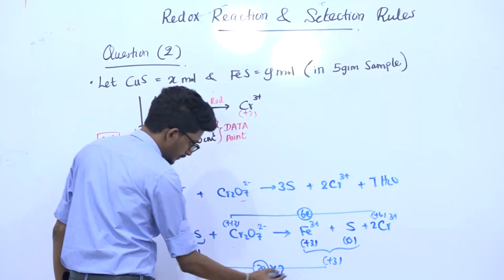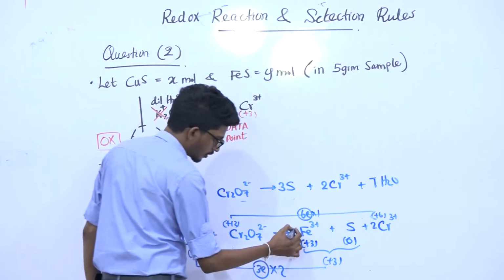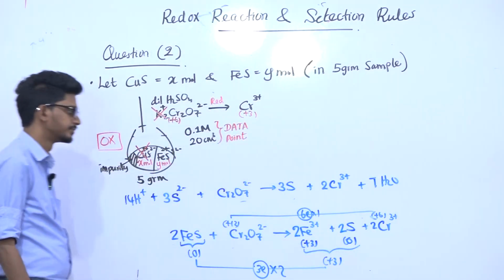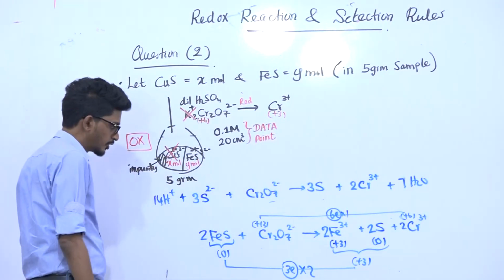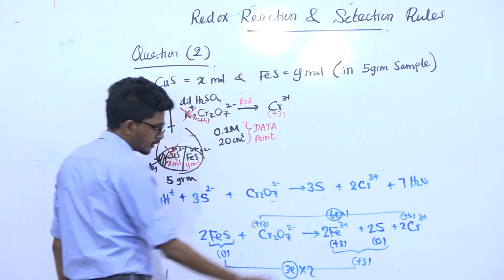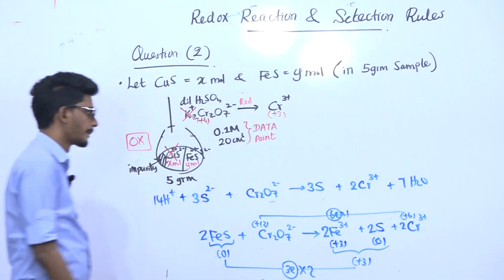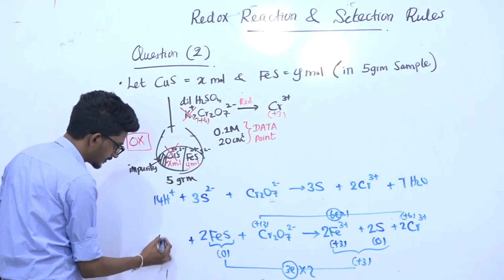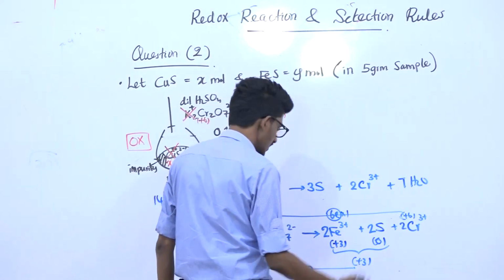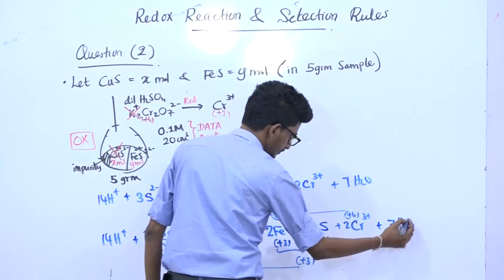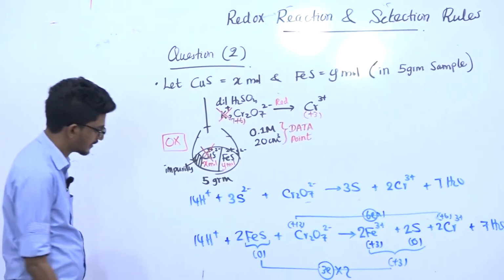So you need to multiply this by 2, all of them. Then complete by adding H+ and H2O. You have minus 2 at this side, and plus 6 and plus 12 at this side, so 14 units of difference again. So 7 H2O. That is the balancing.